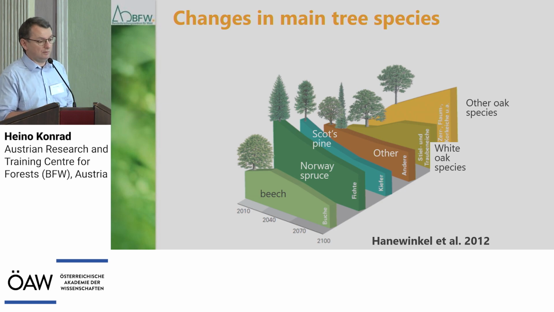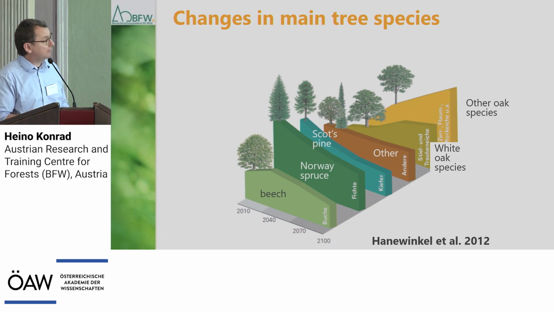It is also quite long known which species will suffer most from climate change. This graph is from Hanewinkel from 2012. So the beech will decline in area. Also Norway spruce, and maybe surprising for some, Scots pine will lose distribution area.